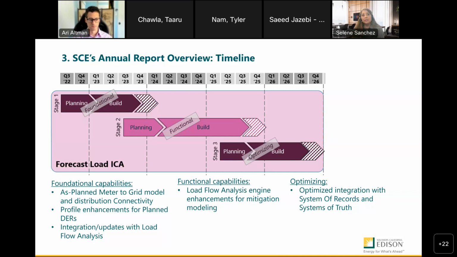And this will be integrated with our load flow analysis. We're looking to also include and expand additional functional capabilities in our load flow engine, as well as performance, being able to optimize and integrate with systems of records and systems of truth.